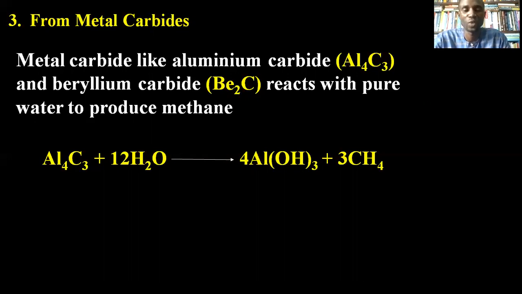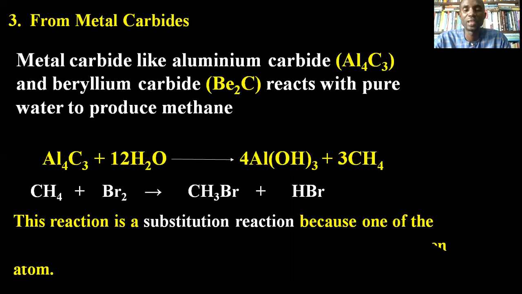You can see the reaction now. So we can also use metallic carbides like aluminum carbide or beryllium carbide to get methane prepared. But most importantly, it is the laboratory preparation of alkane, how we prepare alkane or methane in the lab. All right, that is it.